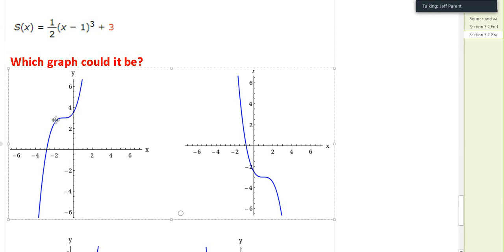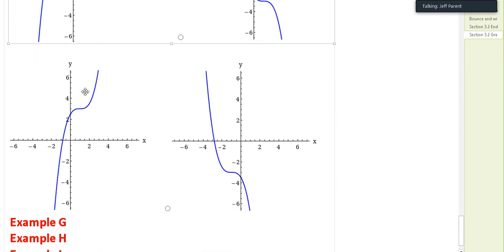This one got shifted to the left and then up by 3. So that one's not it. This one can't be it either because it's decreasing as opposed to increasing. You want an increasing function that's been shifted to the right by 1 and up by 3. That's your winner right there. So cool. Cool. All right.